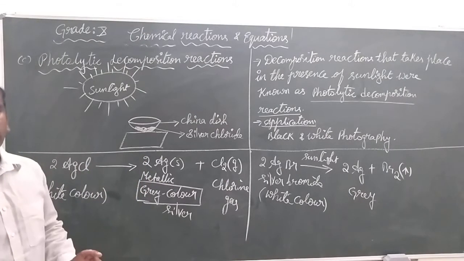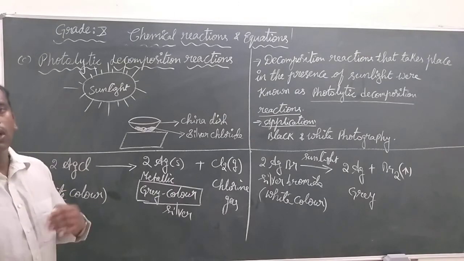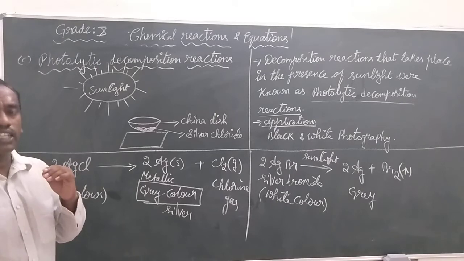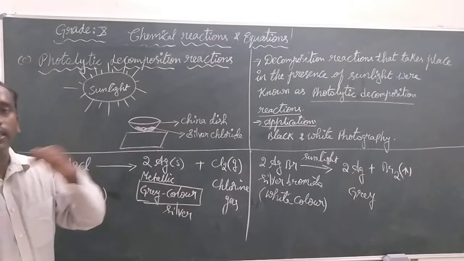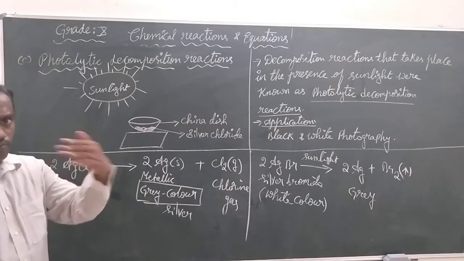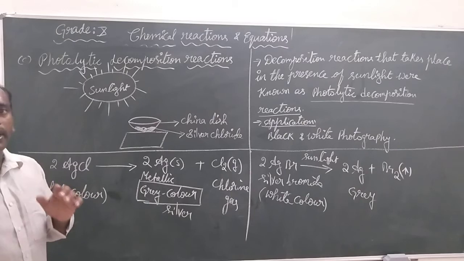Up to now we have discussed only the 3 kinds of decomposition reactions. So under the types of chemical reactions we have discussed the combination reaction, we have discussed the decomposition reaction. Let us go for the third one, the displacement reactions.